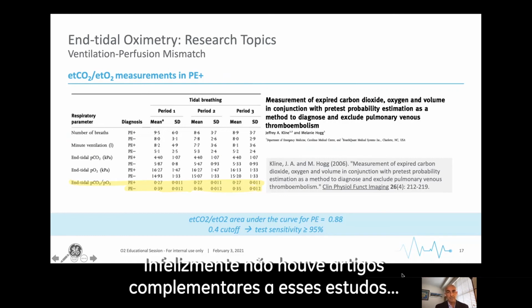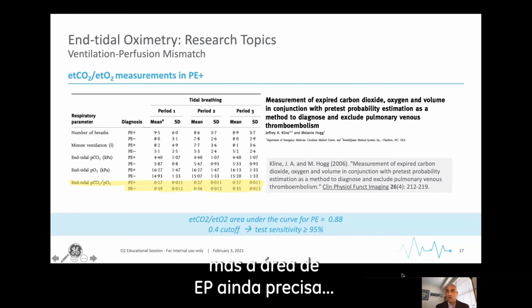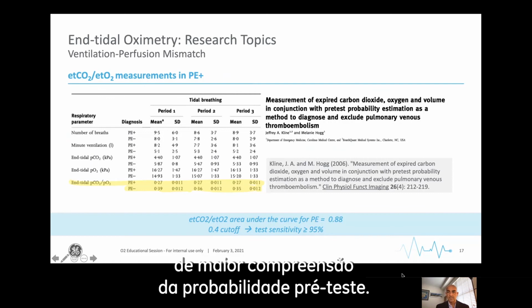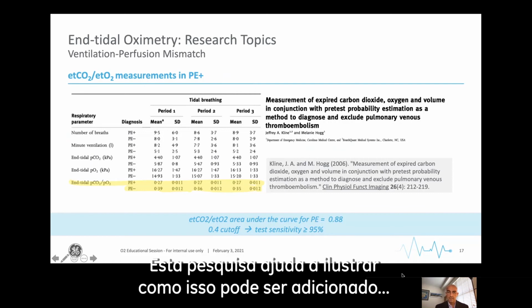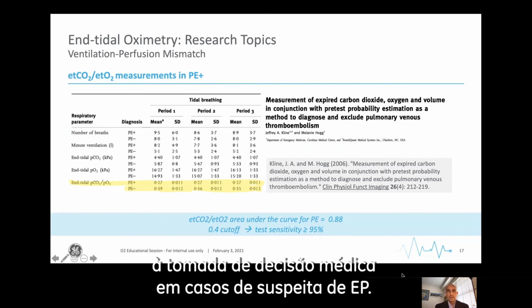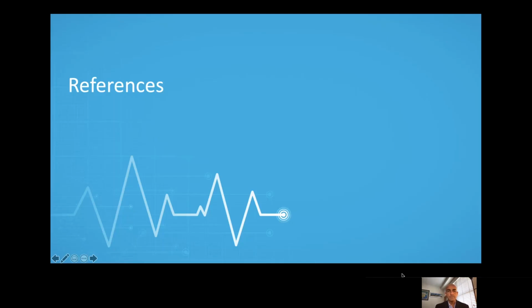There haven't been any follow-on articles in this regard, but the art of pulmonary embolism still requires an understanding of pretest probability. This research helps to illustrate that this can be added into the medical decision making for suspecting pulmonary embolism in the appropriate patient population.